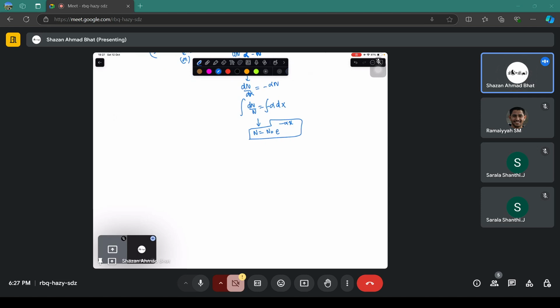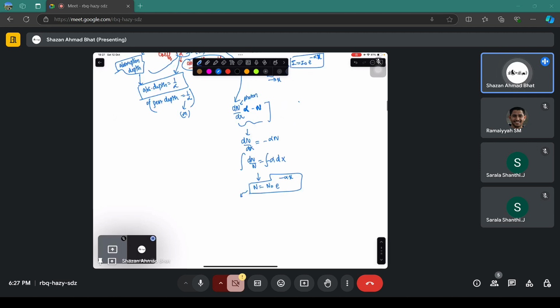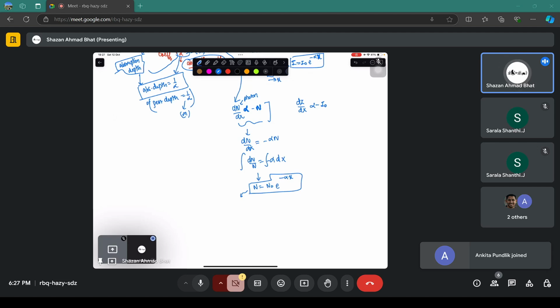Similarly, you can write the change of intensity with respect to x as proportional to minus I, and it gives you the intensity I equals I naught e to the power minus alpha times x. This is the exact form of Beer-Lambert's law, and it is applicable in all systems.